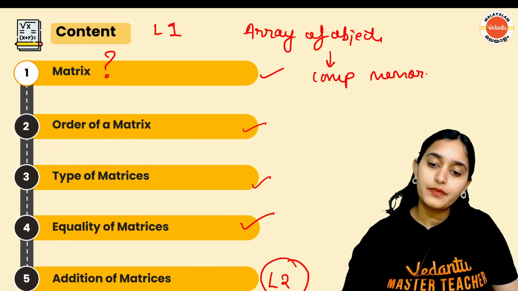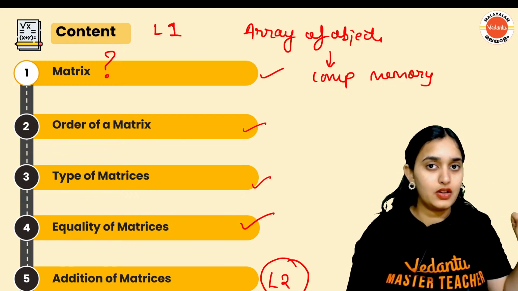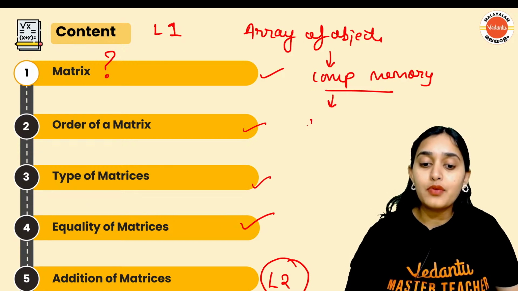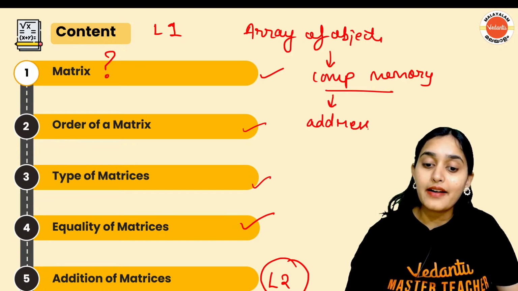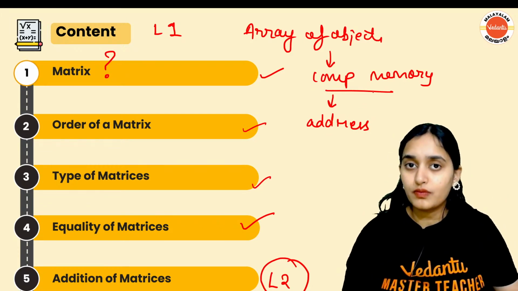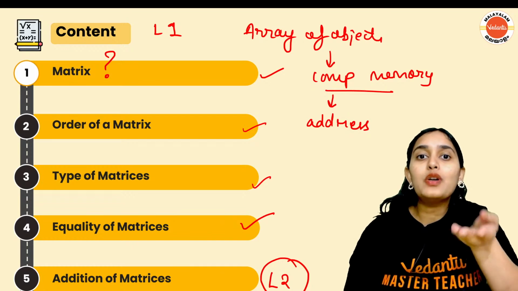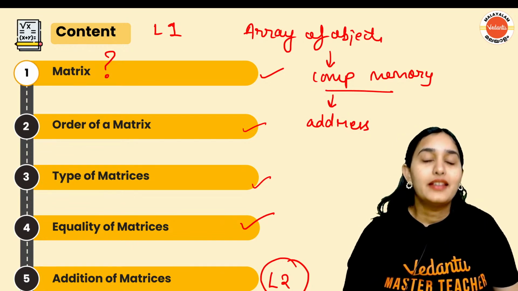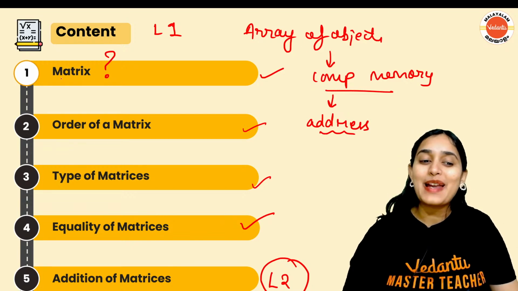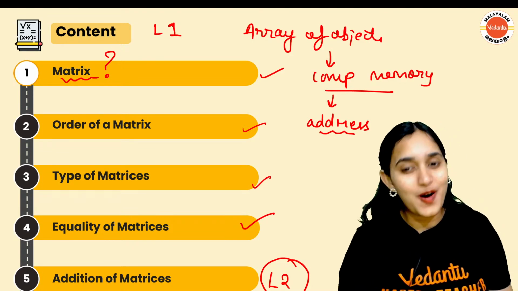How will you store them? Whenever you want to retrieve the data, do you know how the computer retrieves it? The computer stores everything in memory according to the address you provide. Suppose somebody wants to reach you, they should know your address, right? If they don't know your address, how will they reach you? Not possible. Therefore, address is very important, and for giving addresses, we use matrices for easy representation and storing of an array of objects.